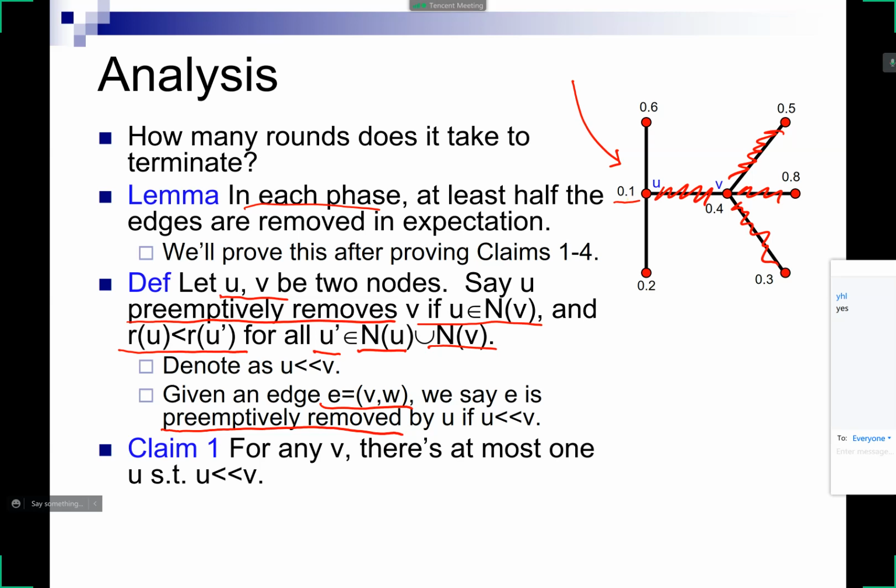And remember that when u goes into the MIS, u is going to tell all of its neighbors to terminate. And when u's neighbors terminate, they are going to take out all of their adjacent edges. So u is going to tell v to terminate, and when v terminates, v is going to take out all of its edges. That's why we say that u preemptively removes all of v's edges.